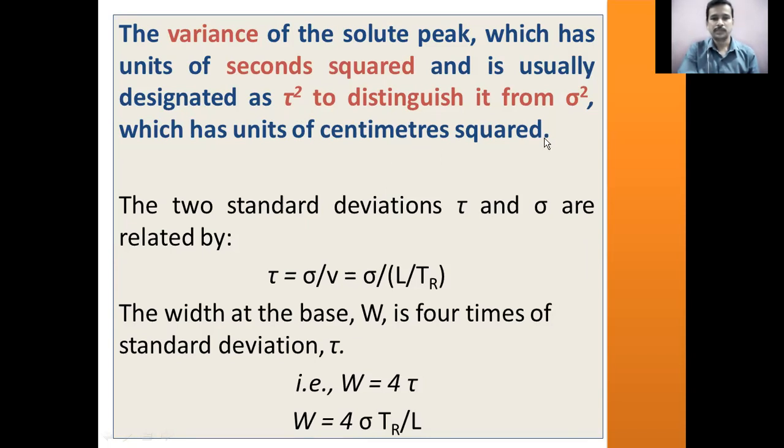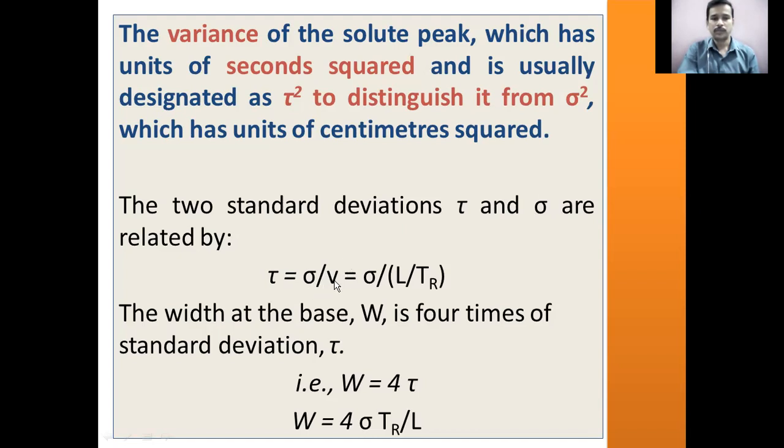Okay, now you have two standard deviations. One is tau, another one is sigma. Tau is with respect to distance, sigma is with respect to time. How are they related? You know, these two, standard deviation with respect to distance and standard deviation with respect to time, are related in this way.